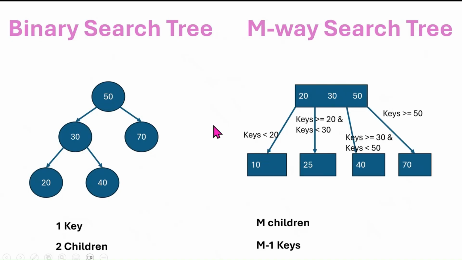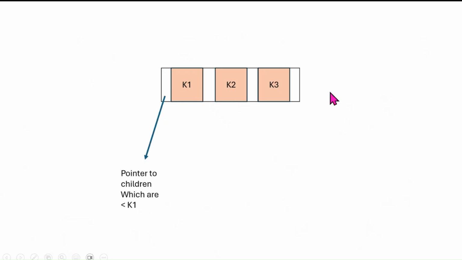To understand the structure in more detail, let's say this is a node structure where K1, K2, K3 are keys in a node, and these are the child pointers. The leftmost child pointer points to children which are less than K1.